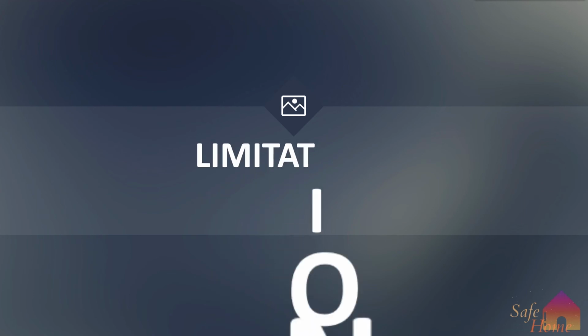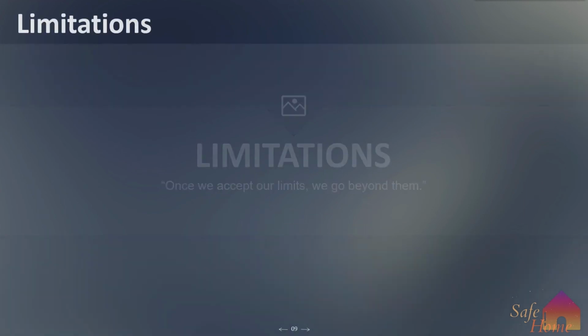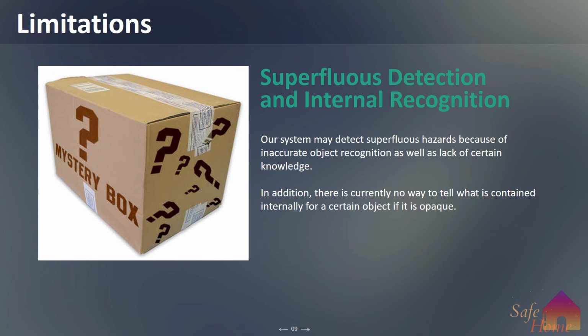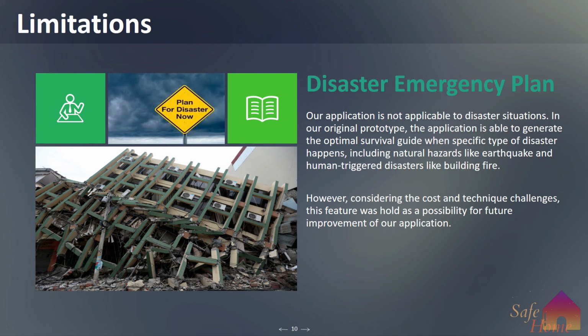There are several limitations of our application. Firstly, inaccurate object recognition and lack of search knowledge may result in the detection of non-existent risks. By the way, our application cannot tell you whether there is a bump in the box or not. Another limitation is that our application is not applicable to disaster situations.